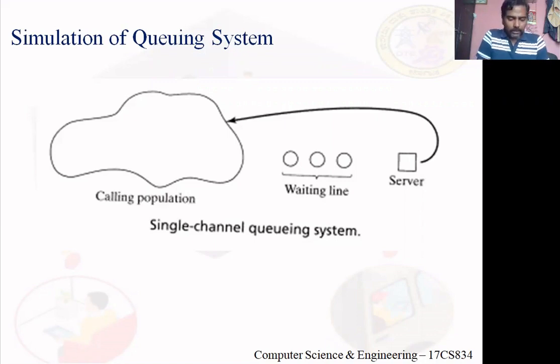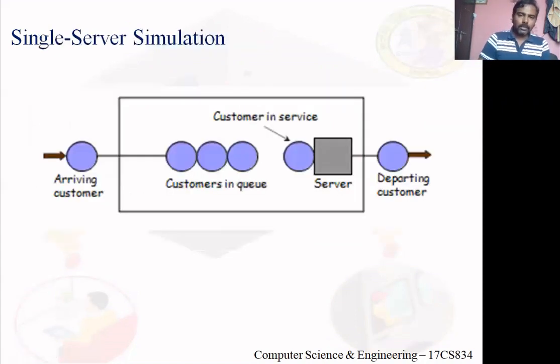So this is about how a queuing system will appear. For simplicity, I have taken an example of a single channel queuing system. See here, the same thing. This is within a bank. Let me assume there is an arrival entry point and an exit point. Entry point is where the customer arrives.